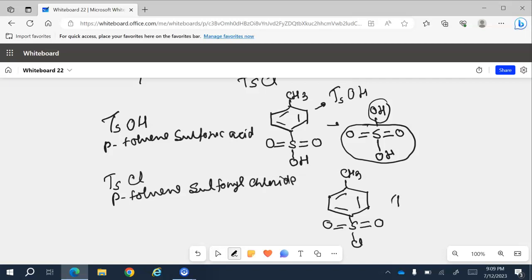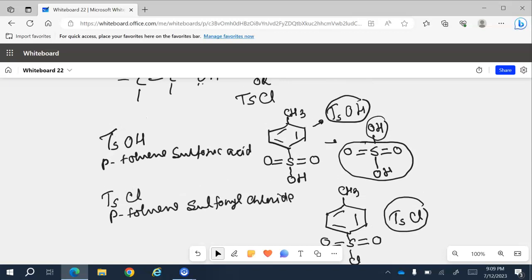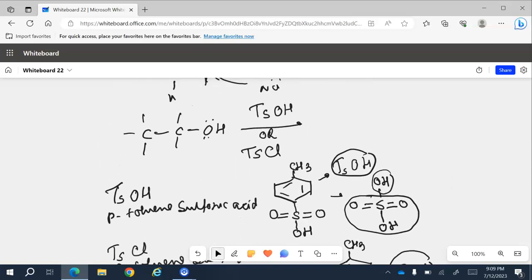This is called TsCl, para-toluene sulfonyl chloride, and this is much better than TsOH in order to tosylate. So the question is, how does this alcohol react with TsOH or TsCl to give the better leaving group?